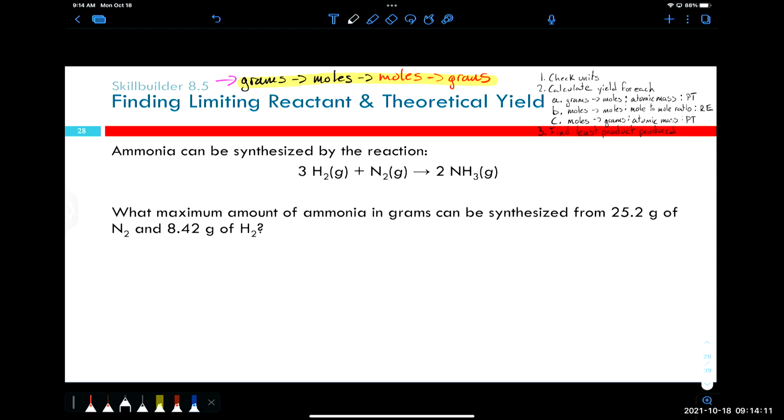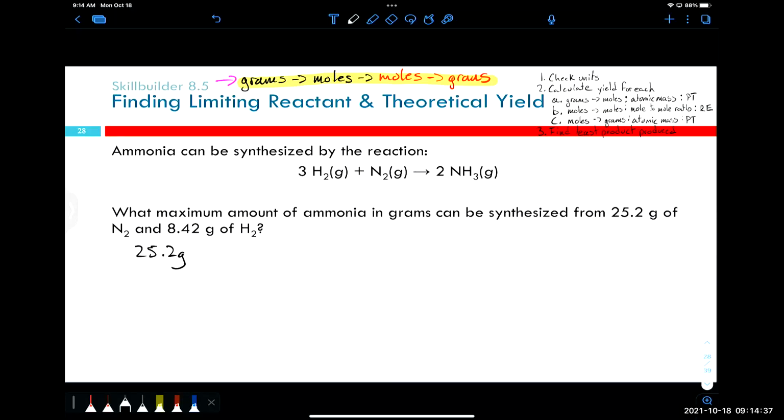All right, so we checked our units, we've got grams. So we know that when we go to calculate our yield for each of these, we're going to go from grams to moles first. We know that we're going to use the atomic mass that we get from the periodic table. So we start with 25.2 grams of nitrogen.